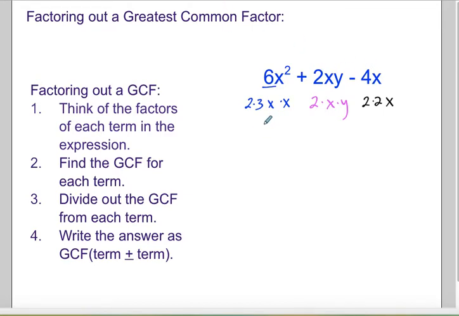Next, I'm going to find the GCF. Each set of factors has a 2 in it, so 2 is part of the GCF. The next thing I'm going to do is look for other numbers. Here I have a 3, but this one only had a 2, and this one has another 2. So they don't have any other numbers in common, just the 2. And they do have some letters in common. They have an x in common.